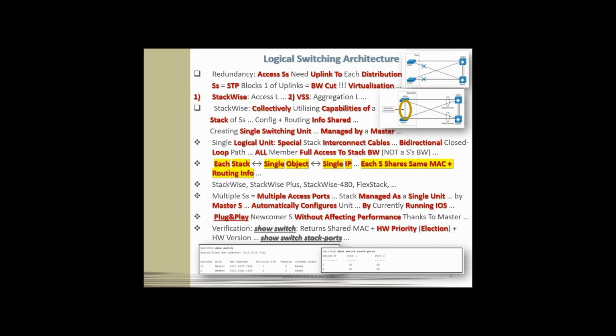So the way that we choose master switch under the stack depends on the hardware priority, and we will see that later. This priority is configurable. We have hardware version, and that has to do with the model.